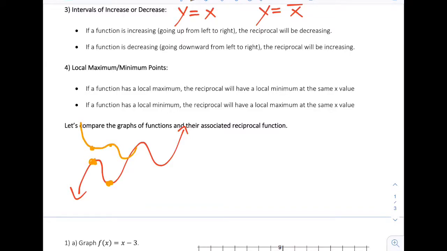Nope, not necessarily like that. But maybe something like that. So if we have a maximum, the reciprocal has a minimum. If we have a minimum, the reciprocal has a maximum. They're opposites of one another. You'll see that when we go through some examples here.